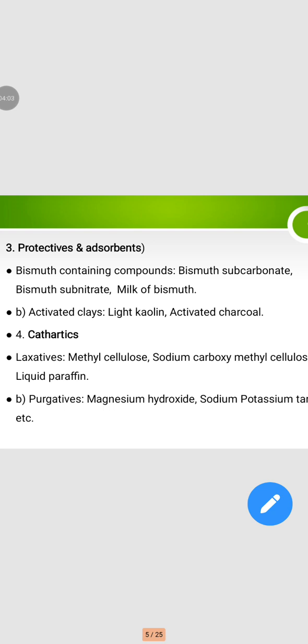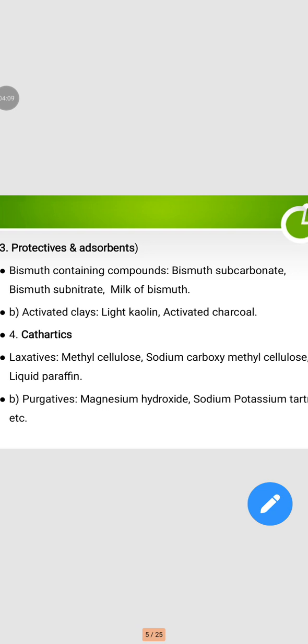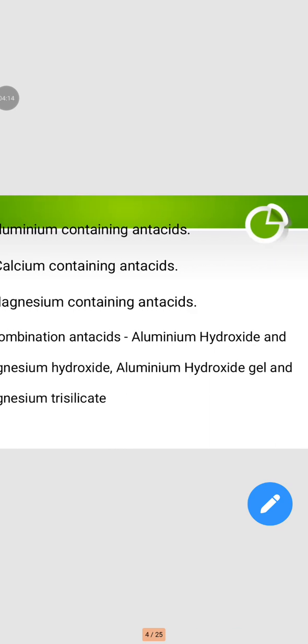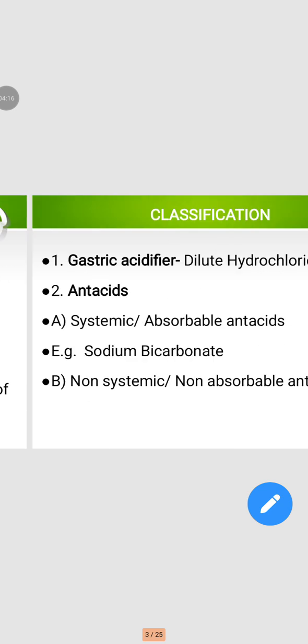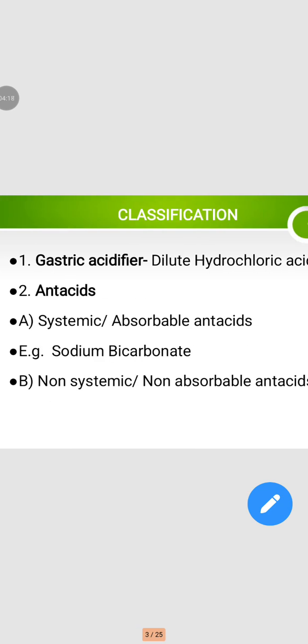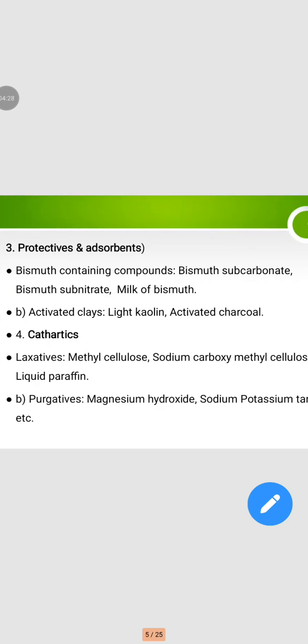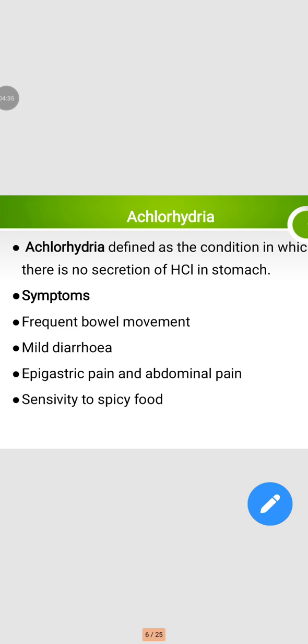Purgatives, the examples are magnesium hydroxide, sodium potassium tartrate, etc. So the classification of gastrointestinal tract agents: first gastric acidifiers, second antacids, third protectives or adsorbents, and fourth cathartics.